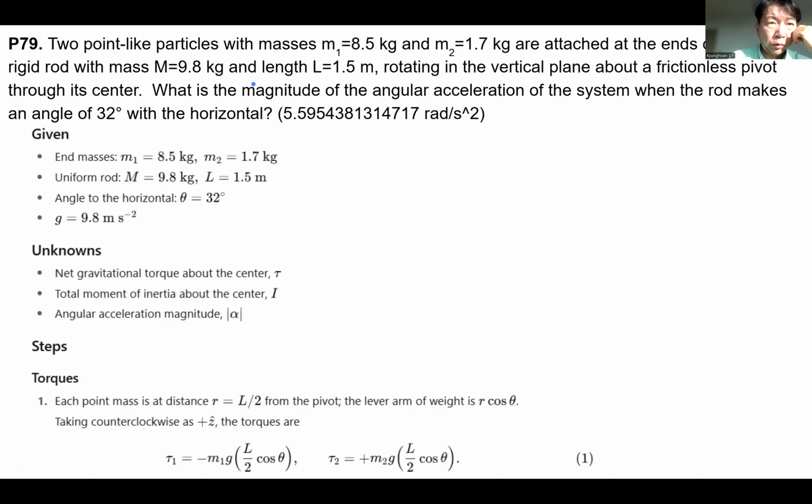And now let's think about two point-like particles with masses m1 and m2 attached at the ends of a uniform rigid rod, rotating in the vertical plane about a frictionless pivot through its center.